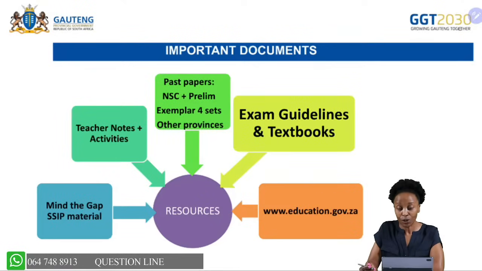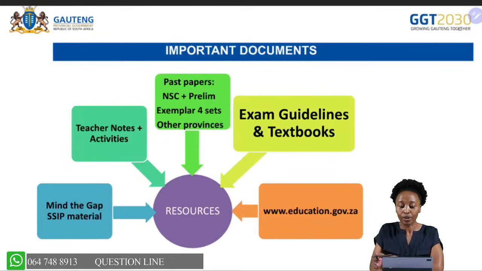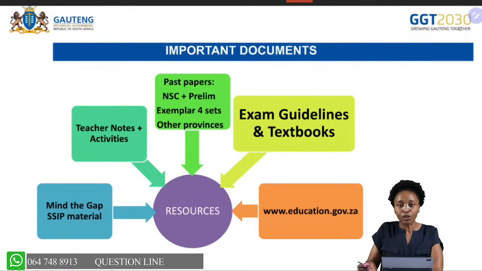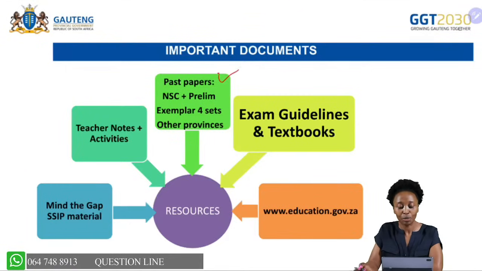And the important documents that you're going to need in preparation for this exam. Remember that you need to go through your past question papers, and you also need to look at the exemplar papers for 2021. There's 4 sets of those papers, and also papers from other provinces that have already been written. These you will get from your teachers.